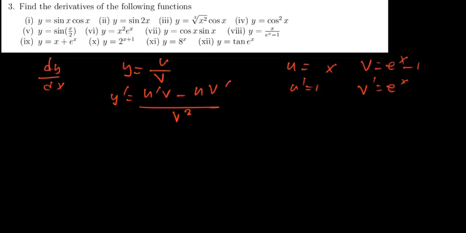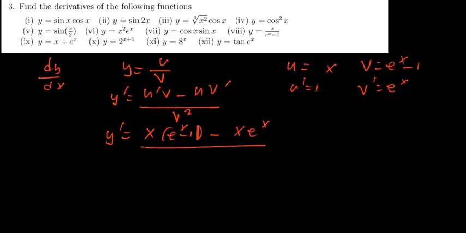Using this formula, y prime: u prime is x, v is e to the power x minus 1, then minus my u is x, then v prime is e to the power x. I divide this by e to the power x minus 1, and this has to be squared.